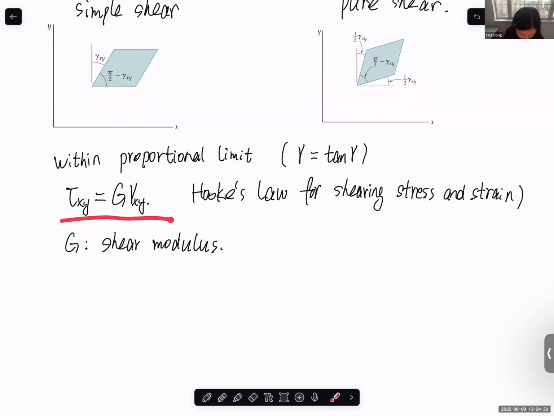And of course, this is about XY. Similarly, we have the shear stress on the y plane in the z direction equal to shear modulus times shear strain, y plane z direction. And similarly, z plane x direction shear stress equal to shear modulus times the shear strain, z plane x direction.